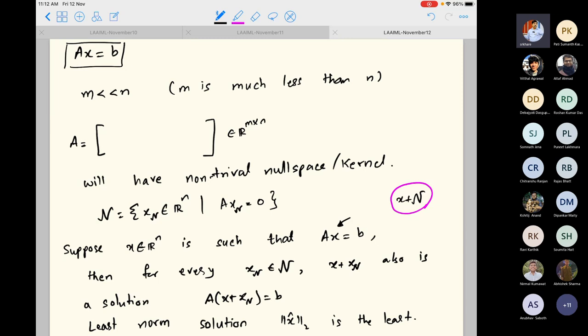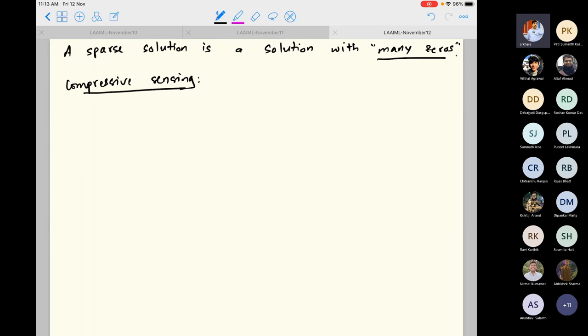So if you use the pseudo inverse, the one that we have already used, you will get the least norm solution. Okay, so the pseudo inverse or the singular value decomposition will give you the least norm solution, the norm being 2 norm. But now what we really want is a solution that is as sparse as possible. Okay, sparsity. So actually this type of problem can be called the basis pursuit problem.